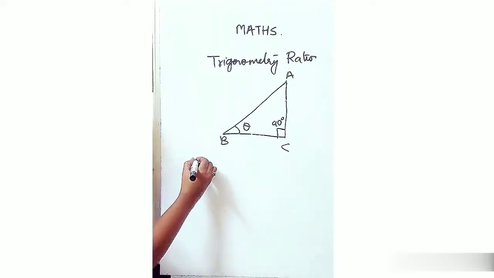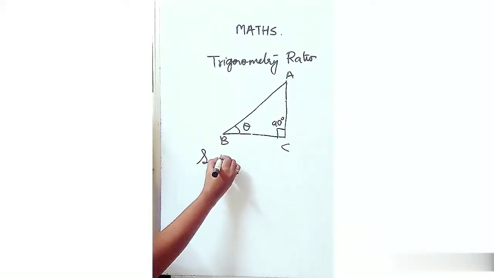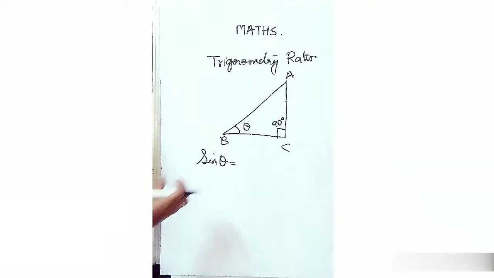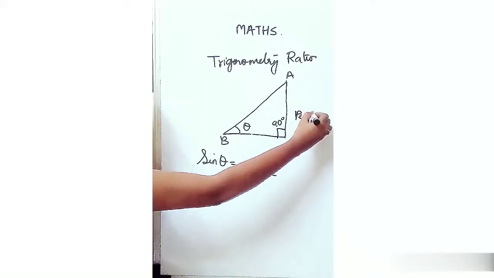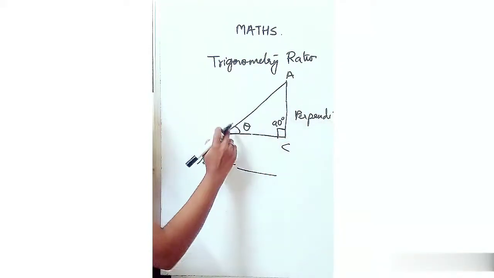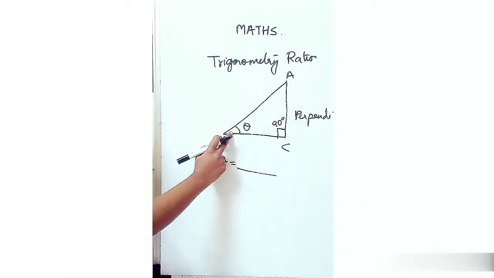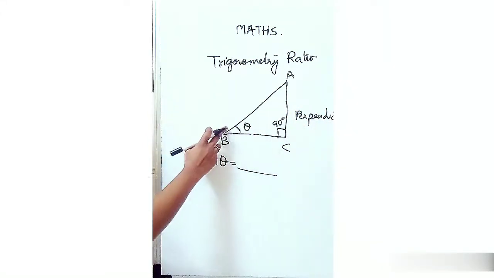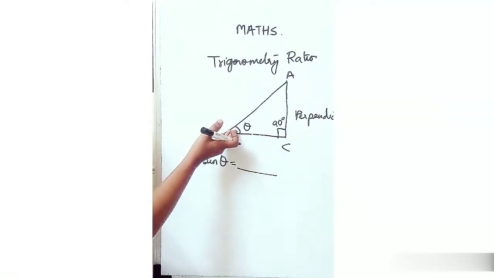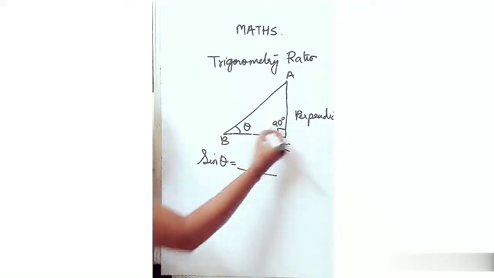The first thing is sin theta. Now what is sin theta, students? Sin theta is perpendicular upon hypotenuse. Always remember this is the perpendicular: the side opposite to that particular angle we call the perpendicular. The side supporting that particular angle forms the base, that is this one.